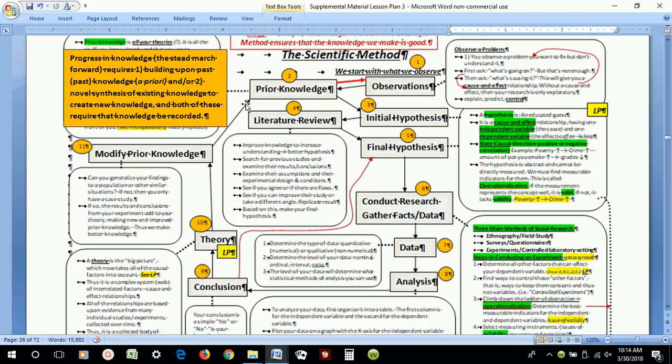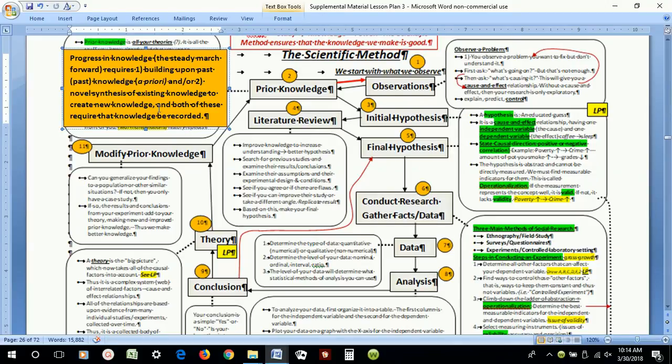So progress in knowledge, the steady march forward, requires one, building upon past knowledge, which is a priori, or deductive, and or novel synthesis of existing knowledge to create new knowledge.